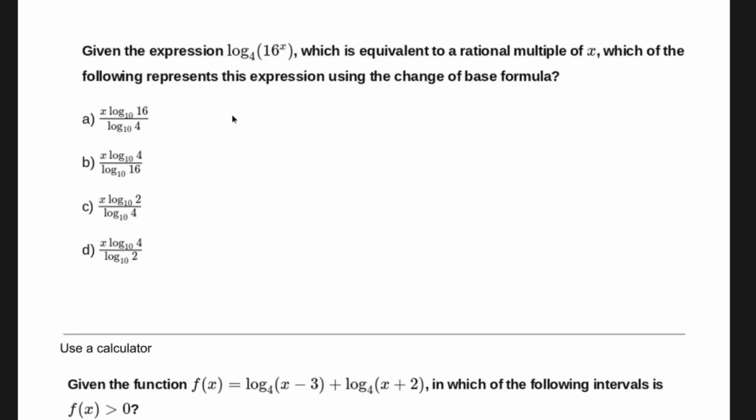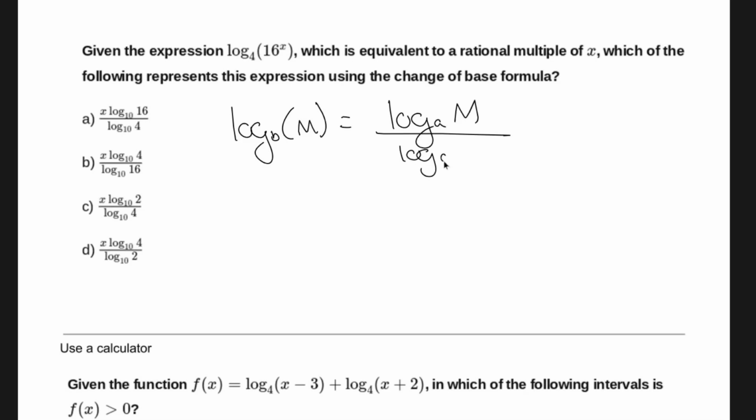Gentle reminder, the change of base formula says log base b of m can be written as log base whatever of m over log base whatever of b. So I can do log base whatever of 16 to the x over log base whatever of 4.